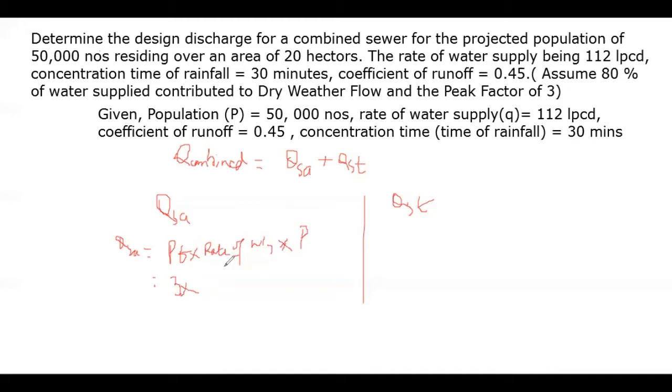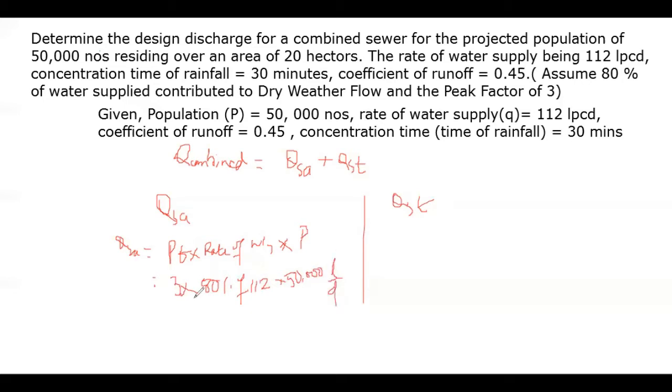So the rate of water supply shall be 80% of 112 into the population of 50,000. The answer will come out in liters per day.